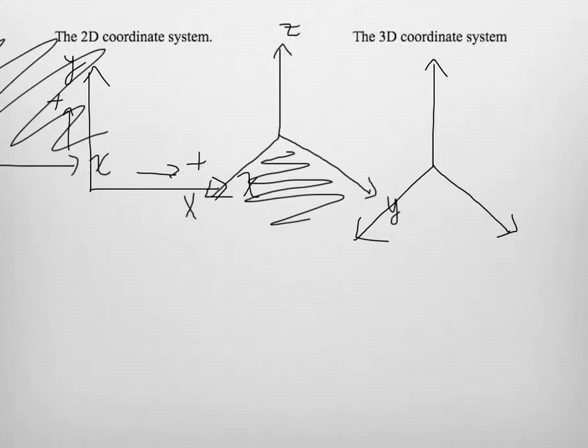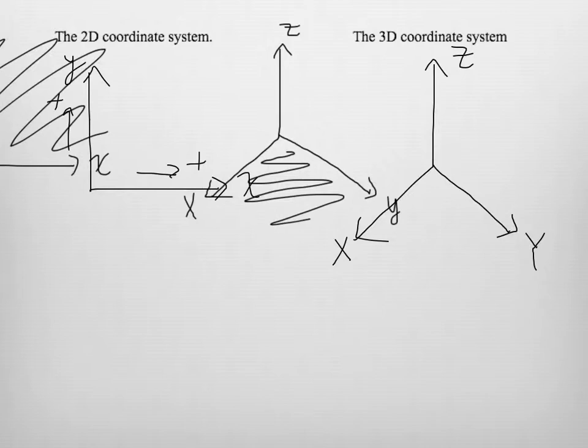So just like the 2D coordinate system, in the 3D system, our x is going to be this axis, our y is going to be this axis, and our z will be our third axis, and that points up out of my xy plane, right?